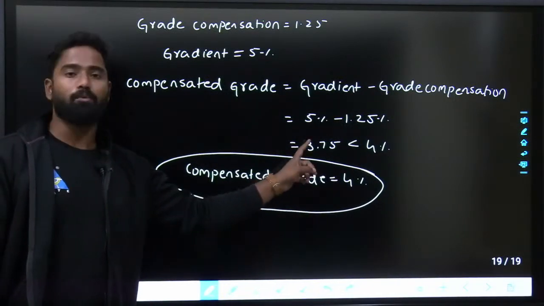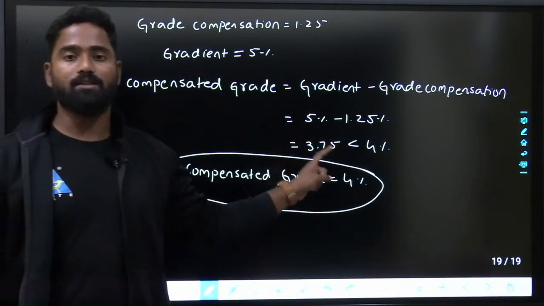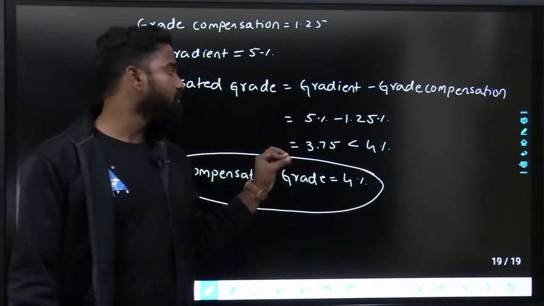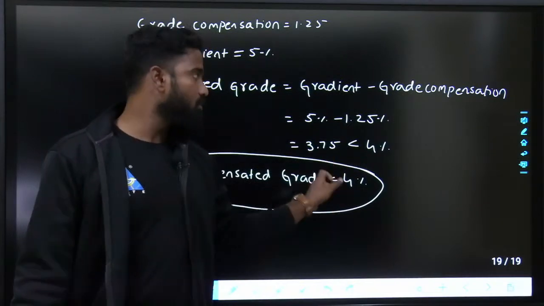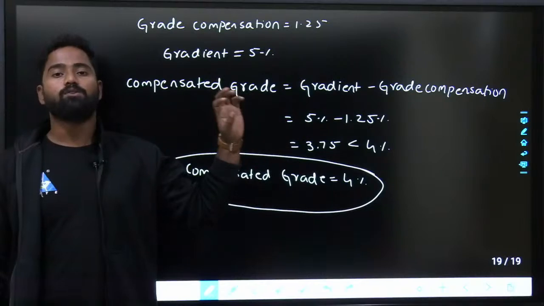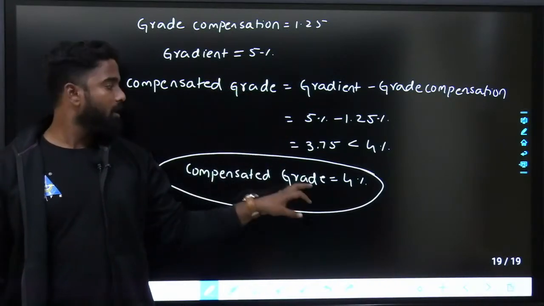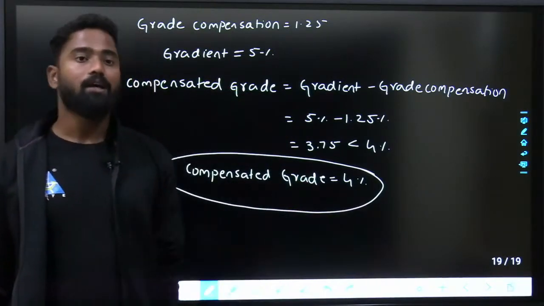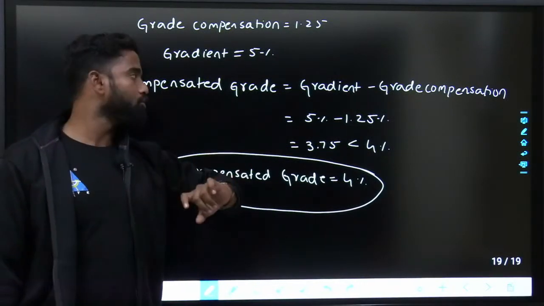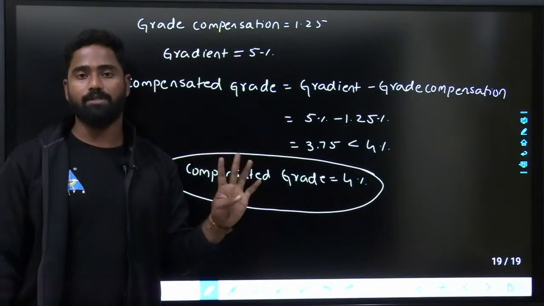You will not give 3.75%, you will give the answer as 4%. Whatever the question, whatever the exam, the answer would be 4%. If it is more than 4%, like in the previous case, the answer is 4.75. Here it is 4%. Fine. So IRC has suggested that the gradient should not be flatter than 4%.